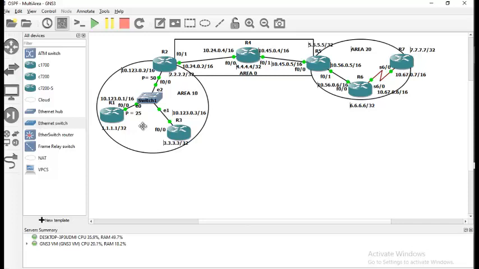If the priority is different, they find which one has the high priority. The one with the high priority wins and becomes the designated router. Yes, sir. Thank you. Welcome. And then the second highest priority router becomes the backup designated router. Now, what if I don't configure priority? What if the priority is 1 everywhere?